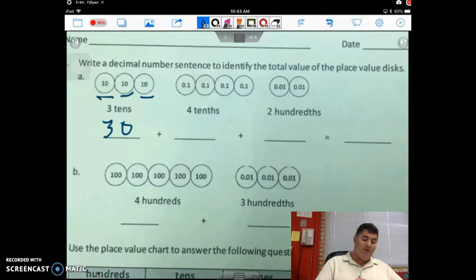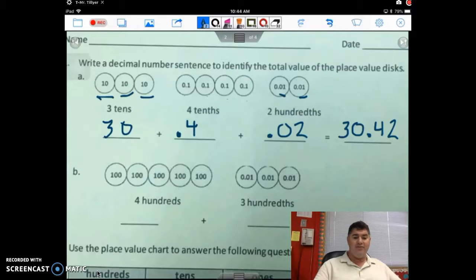How many is that? Well, 4 tenths would be 0.4. And how many hundredths do we have? 1, 2 hundredths. So it would be 0.02 to make 2 hundredths. And to write that as a decimal number, it would be 30 and 42 hundredths.